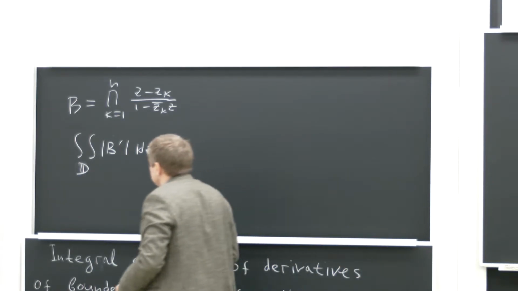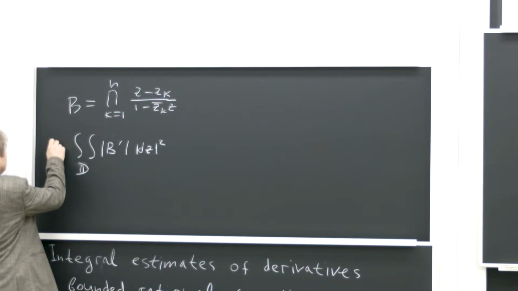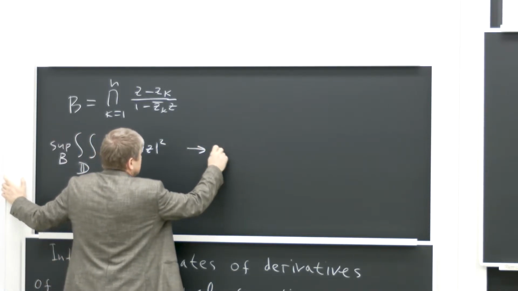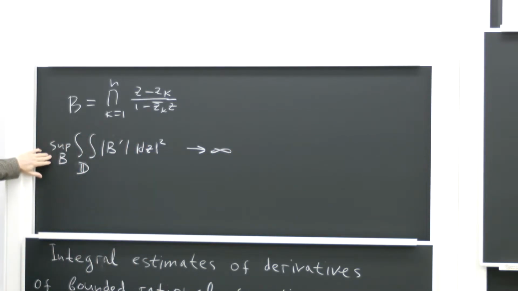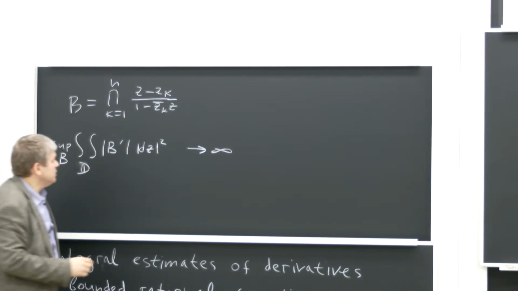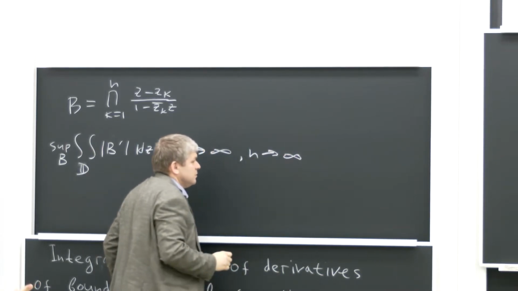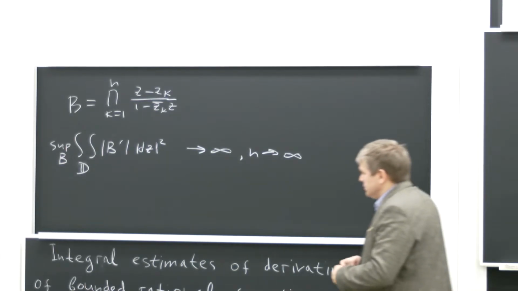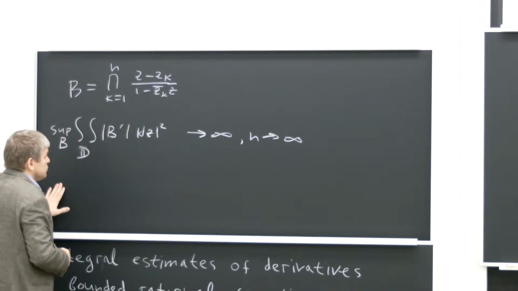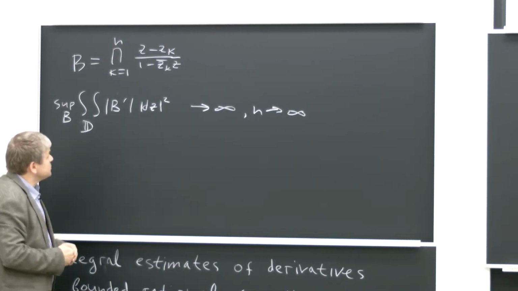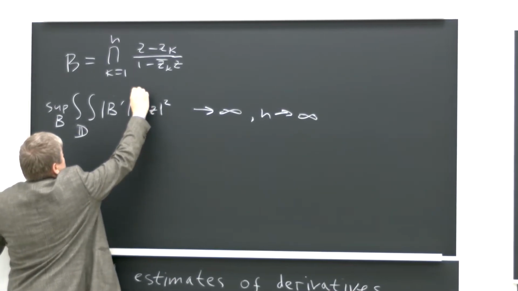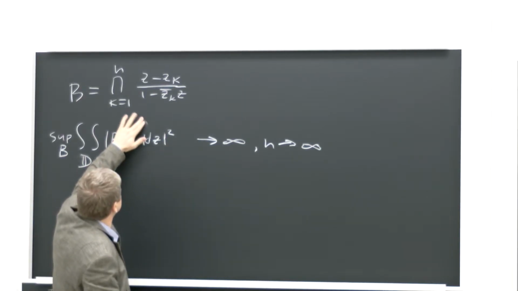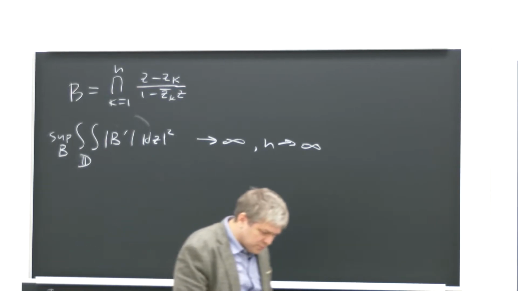And of course the supremum over all finite Blaschke products of degree n tends to infinity as n tends to infinity. This follows from this fact. There are a lot of papers devoted to such Blaschke products with p greater than 1, and when p is 1, we don't know of such papers.